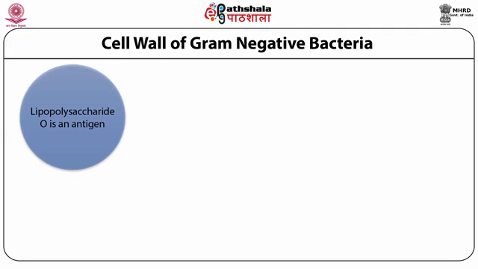The lipopolysaccharide O, for example, in itself is an antigen. So is the lipid A, which is an endotoxin, which is also important in the entire scenario of the infection.